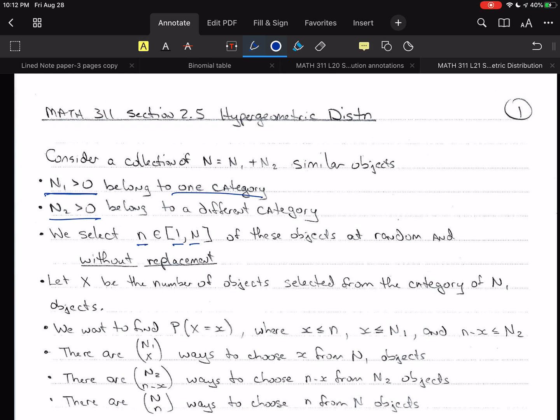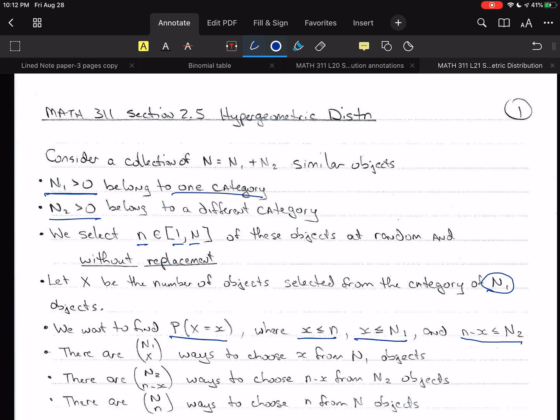Let X be the number of objects selected from the category that has N1 objects in it. We want to find the probability that our random variable X is equal to little x. Little x has to be less than or equal to n, it also has to be less than or equal to N1, and n minus x has to be less than or equal to N2.